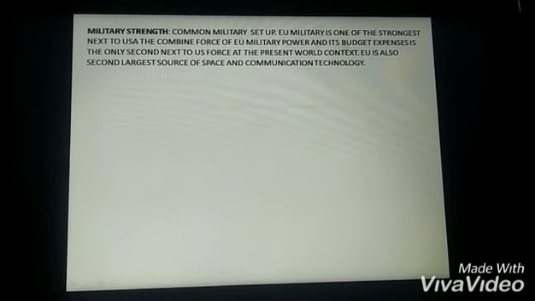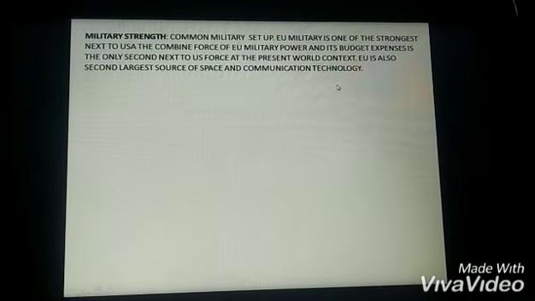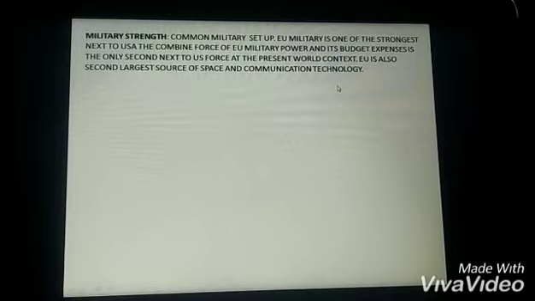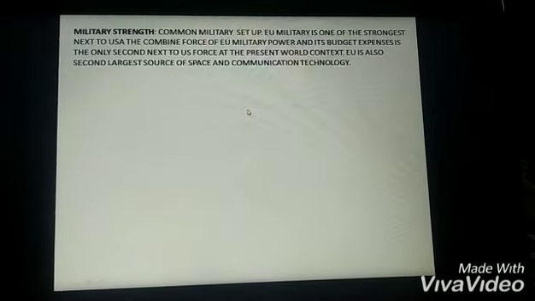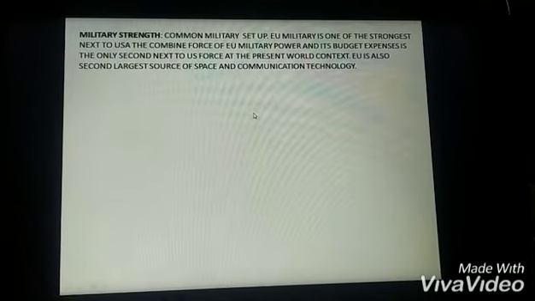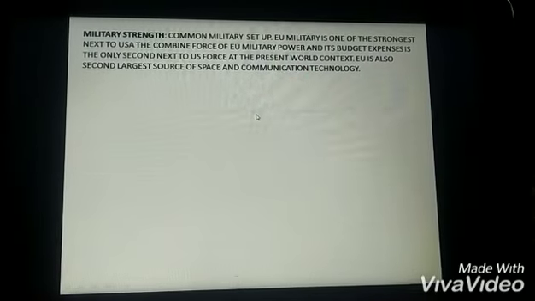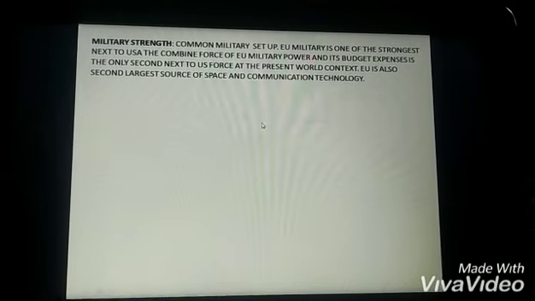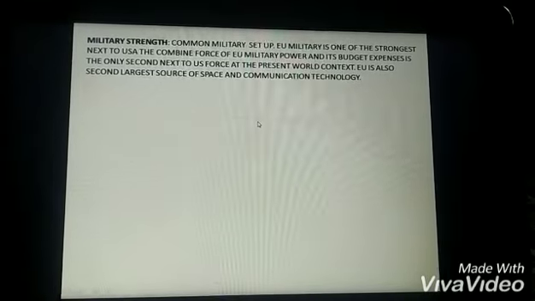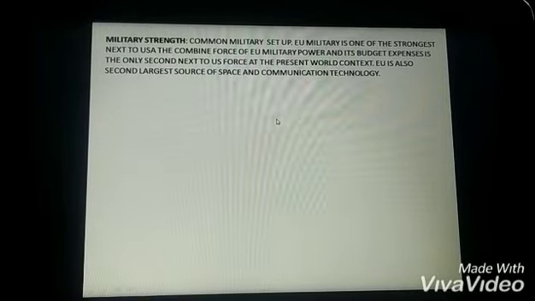However, this EU is not a simple one. Though it does not come to the par of USA, it is second in comparison with USA. Now 27 members is not a small power, even in terms of military power.